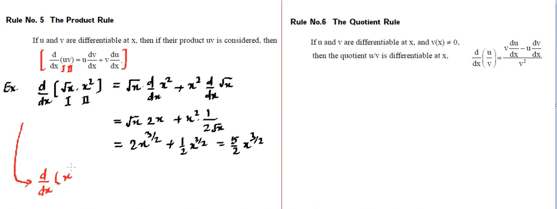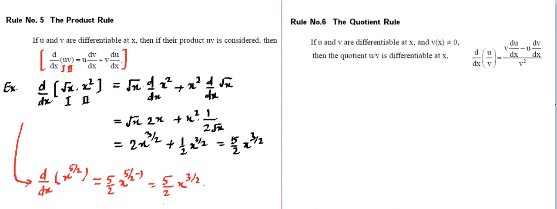That 2 plus half will be 5 by 2. And as per the rule, this number 5 by 2 will come outside, and then x raised to power will become 5 by 2 minus 1. And when we do this 5 by 2 minus 1, then you will find it's going to be 3 by 2. So you are finding the same answer coming from the product rule as we can find from this.